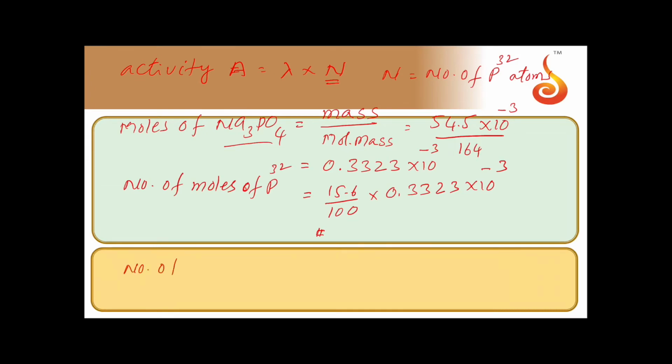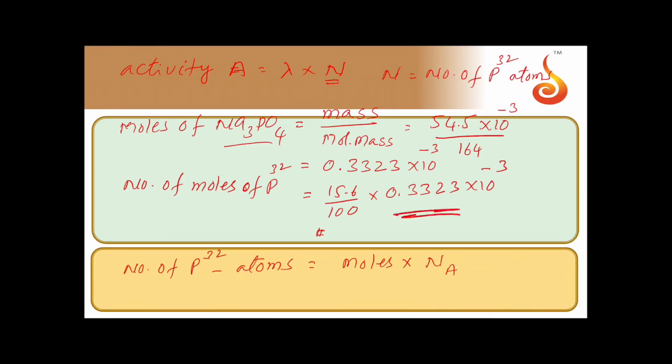Now the number of P32 atoms will be equal to moles multiplied by Avogadro's number. So we got moles here, we multiply this into Avogadro's number.